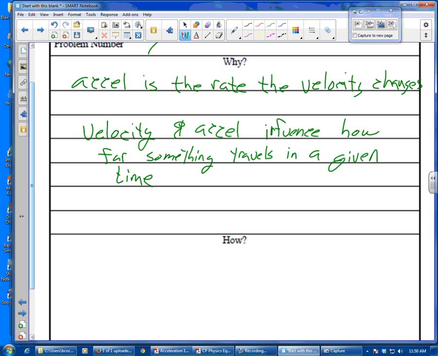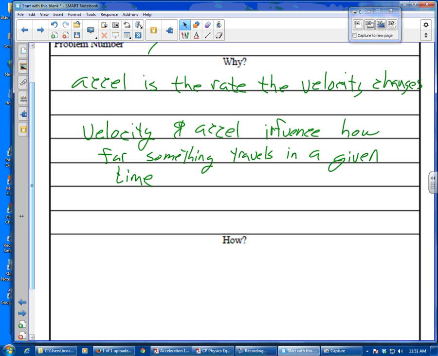So the faster something's moving, or the more it's accelerating, is going to change how far it travels in a given time. All right. So those, I would say, are the two main ideas that you'd want to express in your Y. All right. So you showed why it's happening.